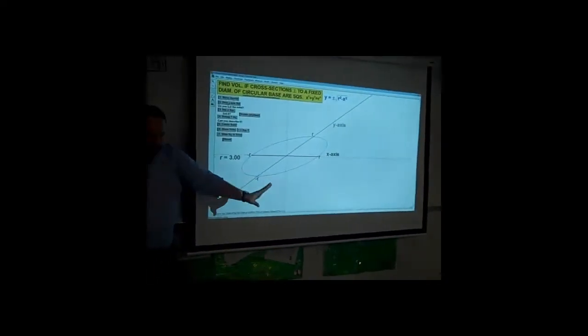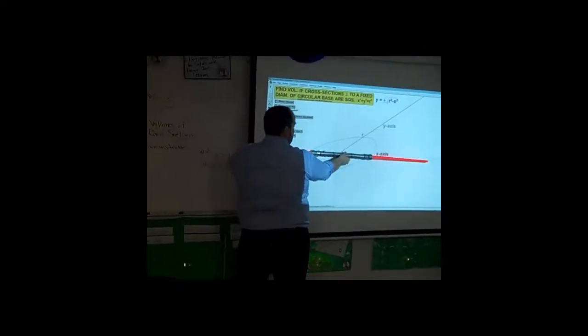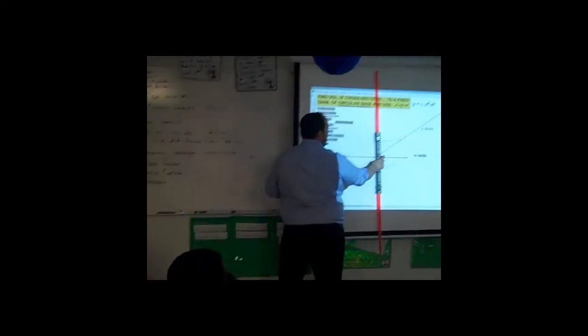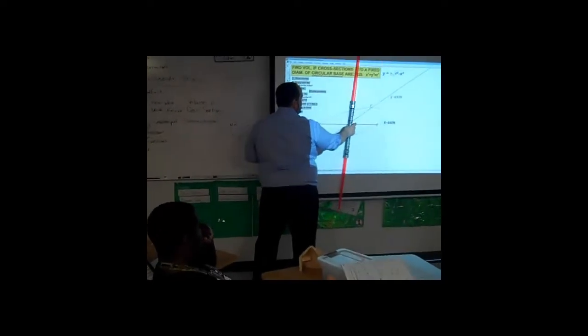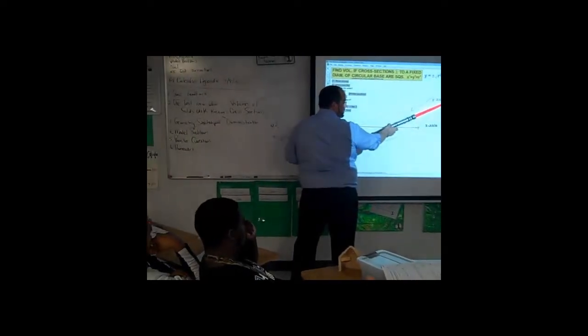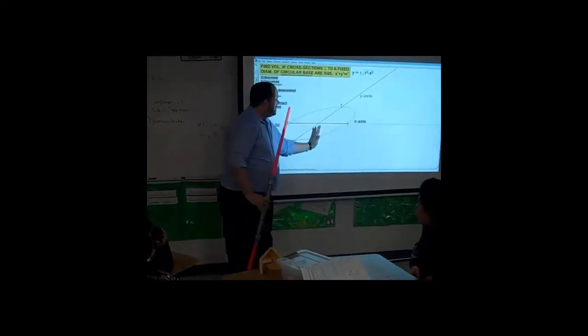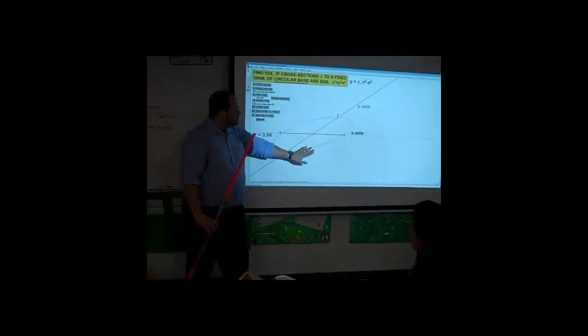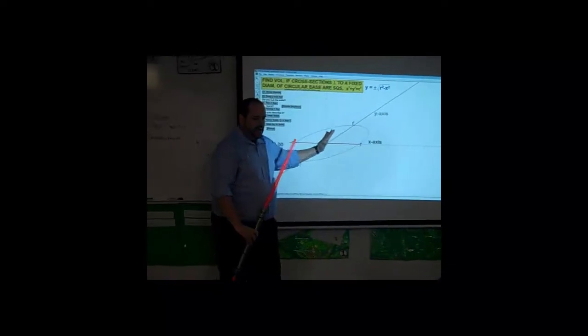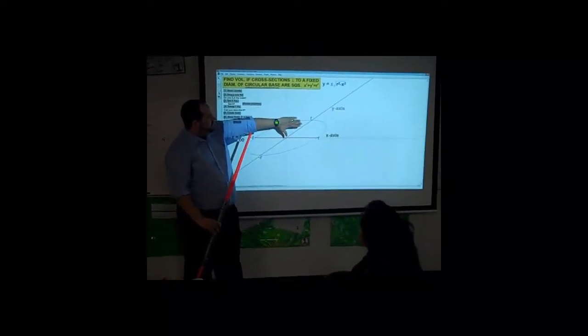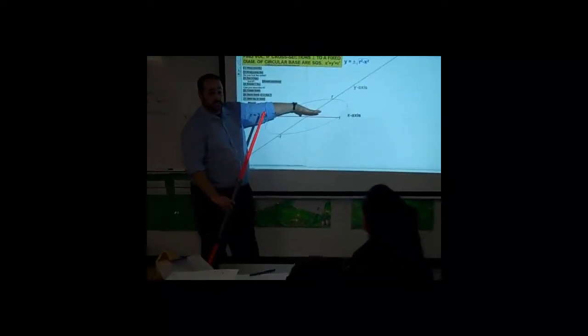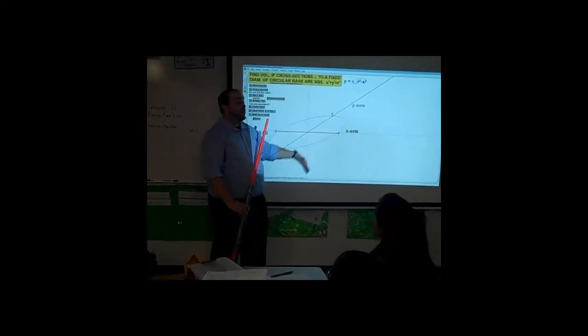Just trying to get everybody oriented here. Your y-axis normally goes this way, but instead we're saying, no, lay it flat. So instead of x-axis and y-axis, you've kind of taken it from this to flat. And now we're going up.